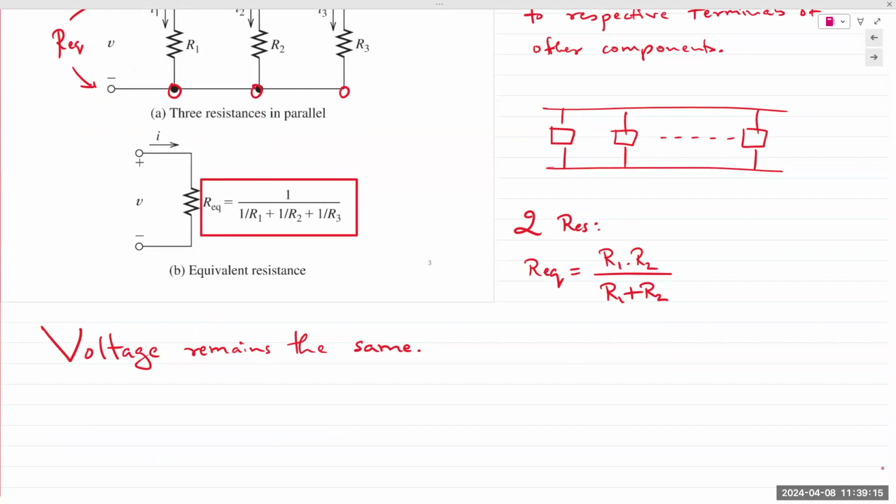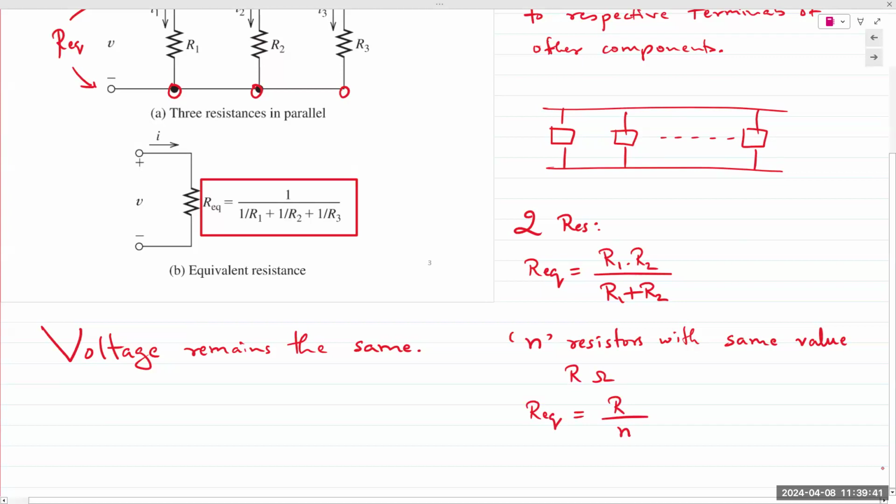And then if you have n number of resistors, all with the same value, R ohms, then Req is simply R over N. If you have n number of resistors all connected in parallel and they all have the exact same value, the Req is simply R over N. 10 ohms plus 10 ohms in parallel is 10 over 2, 5 ohms. 1 over 10 plus 1 over 10, 0.1 plus 0.1, 0.2, 1 over 0.2 is 5. 100 resistors connected in parallel, if they have the exact same value, it would be the value divided by 100.